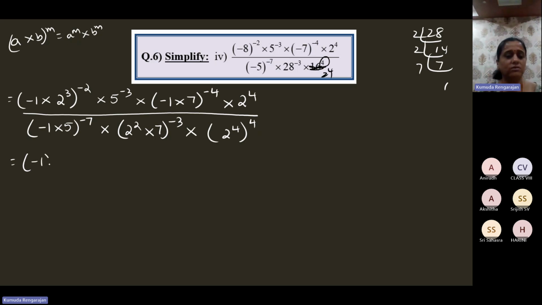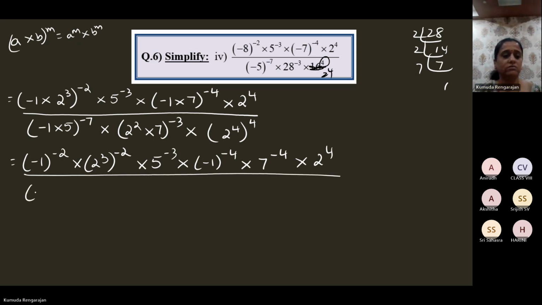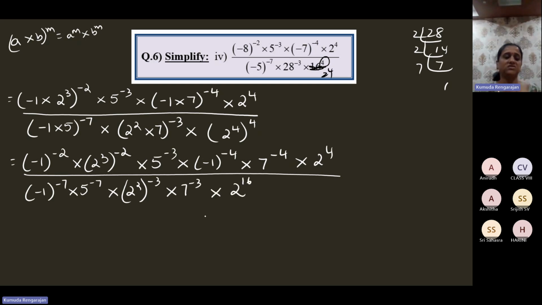So minus 1 to the power minus 2 into 2 cubed power minus 2 into 5 to the power minus 3 into minus 1 to the power minus 4 into 7 to the power minus 4 into 2 to the power 4 divided by minus 1 to the power minus 7 into 5 to the power minus 7 into 2 squared, the whole power minus 3 into 7 to the power minus 3 into, you'll have to multiply the power.